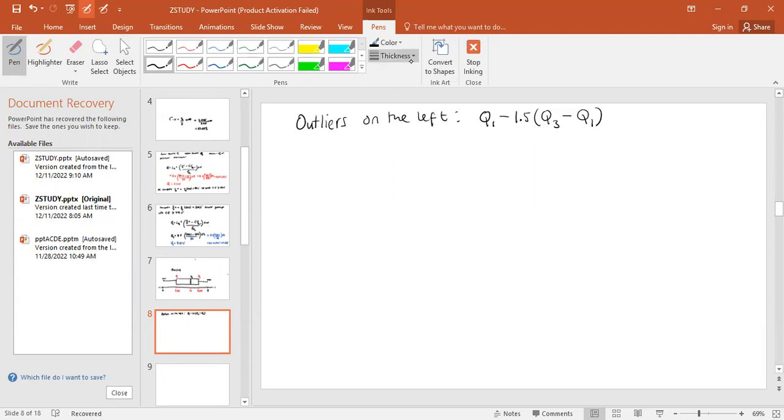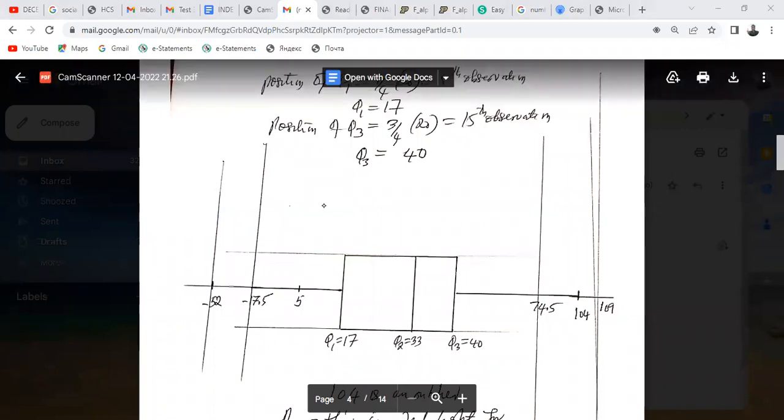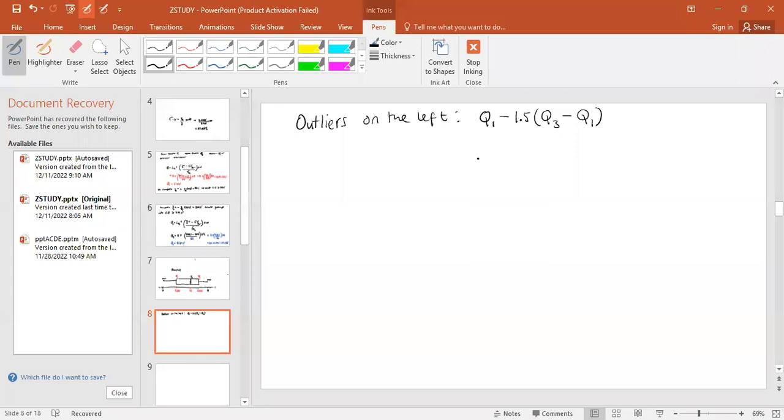From the given information, what was calculated as our Q1 was 17 and Q3 was 40. So we have 17 minus 1.5 times (40 minus 17). 40 minus 17 gives us 23.